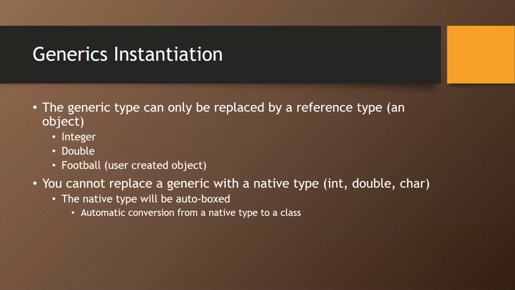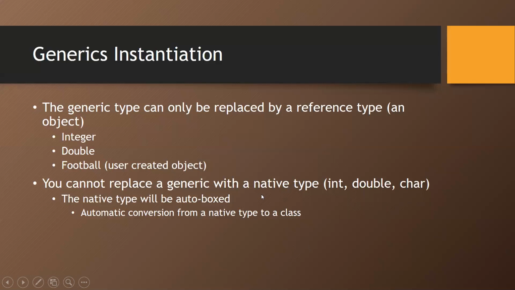So what happens when we're using generic instantiation, we're always going to be using an object data type. So we could actually replace that generic indicator with football if that was our object type that we wanted to use throughout this implementation. So if we use the word int, double, char when we replace a generic, it's actually going to work.